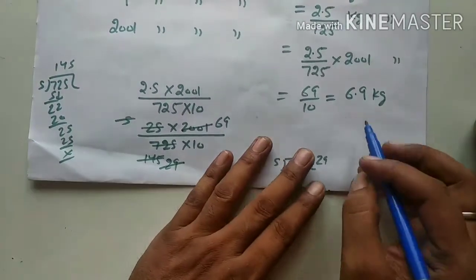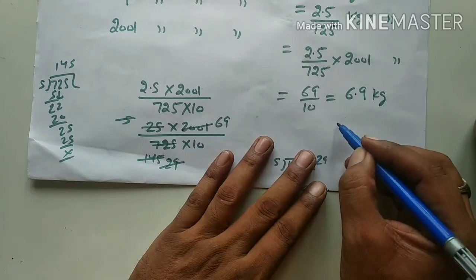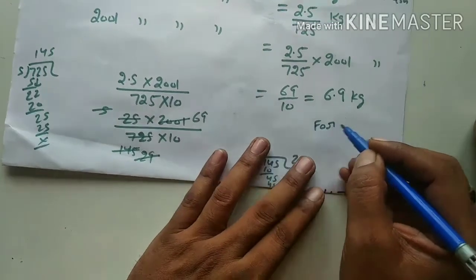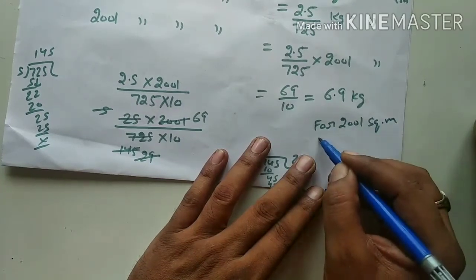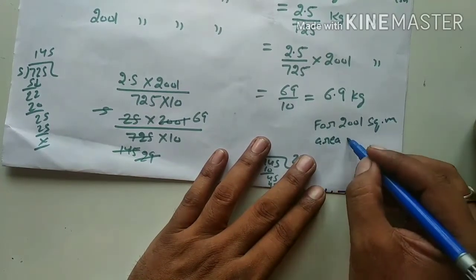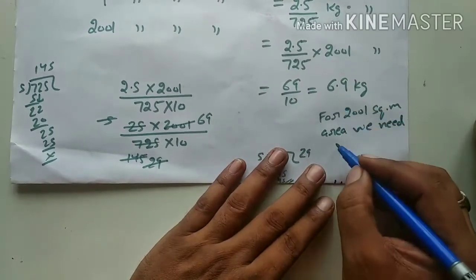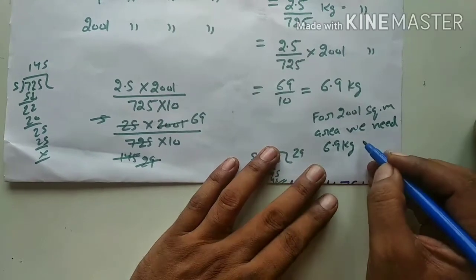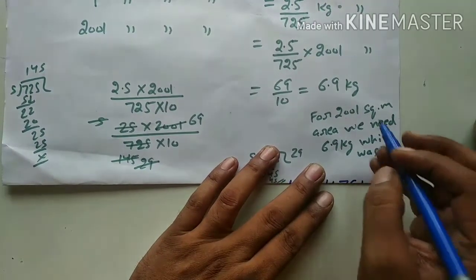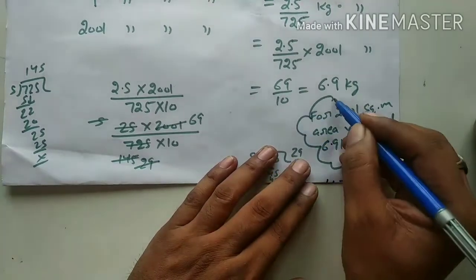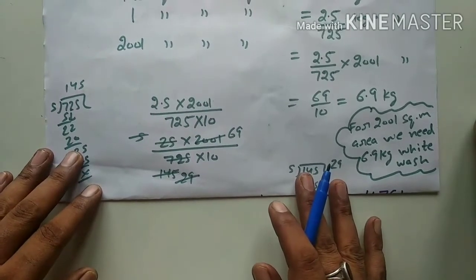So student, here you see, I will write the answer. For 2001 square meter area, we need 6.9 kg whitewash. Now student, you can see this question completely.